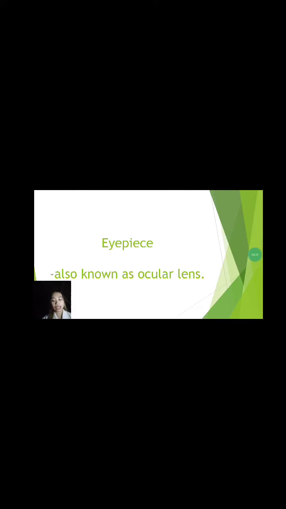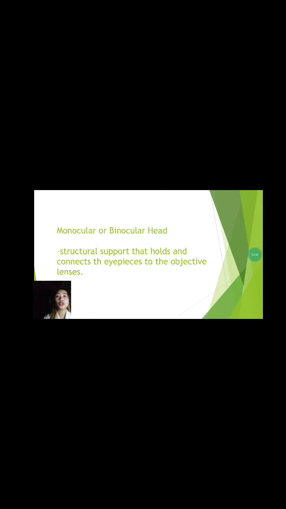Eyepiece typically have a magnification between 5 times and 30 times. So, compound man siya, ma-adjust an siya. And then, next one is the monocular or binocular head. Unsa man ni siya? This is the structural support that holds and connects the eyepieces to the objective lenses.